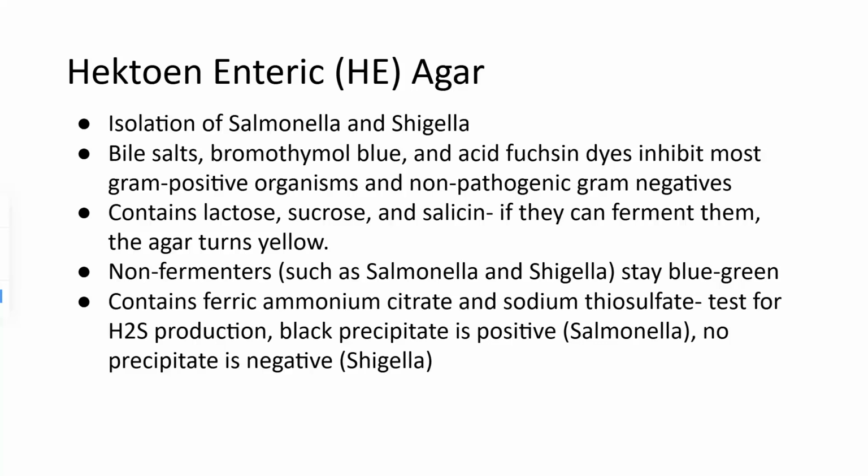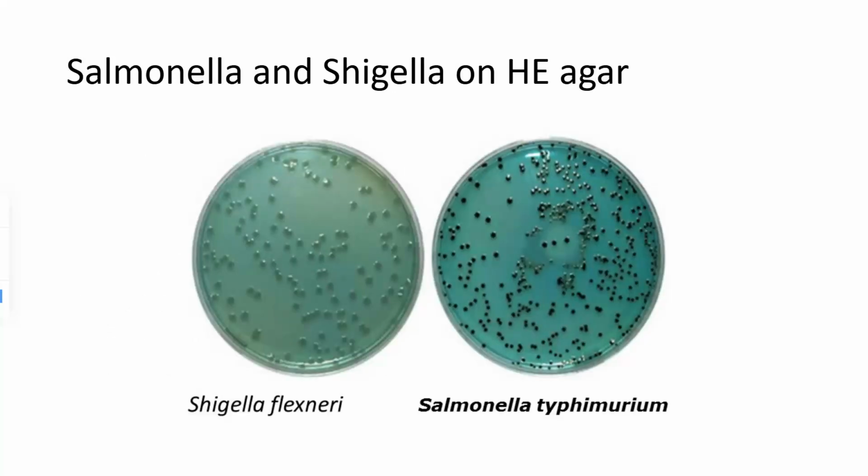If it's no precipitate, Shigella is indicated. So here's the HE agar. This is that green or blue color, and because there's no black precipitate, we can safely assume that this is a Shigella type species. If it was yellow, it would be some other type of enteric.